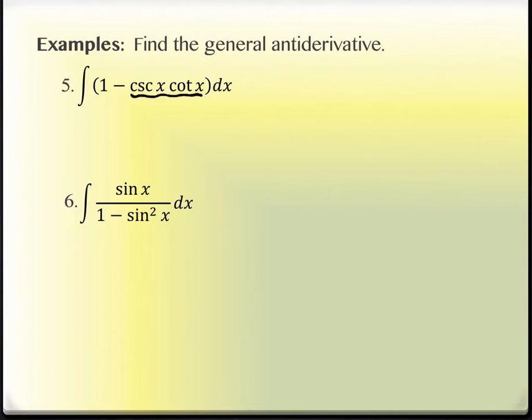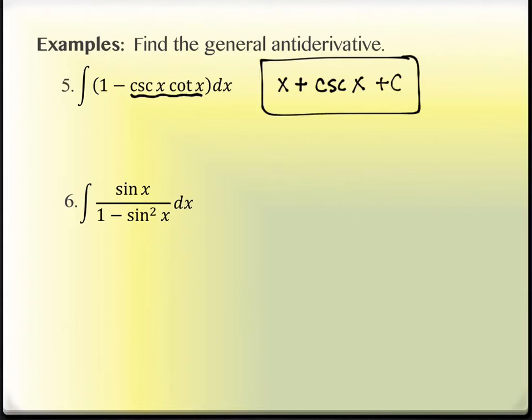What's the antiderivative of 1? X. What is the antiderivative of negative cosecant cotangent? Positive cosecant x. Then what? Somebody said plus c. Good. Remembering those plus c's.